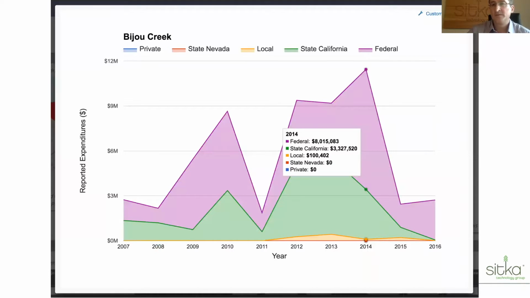There's a blow up of, this particular chart is just looking at one of the 63 watersheds in the Tahoe Basin, Bijou Creek, and it's showing over time how much money has been invested and from which sources. So Bijou Creek is right there in the south part of the lake, close to or within, I think, the city limits of the city of South Lake Tahoe.